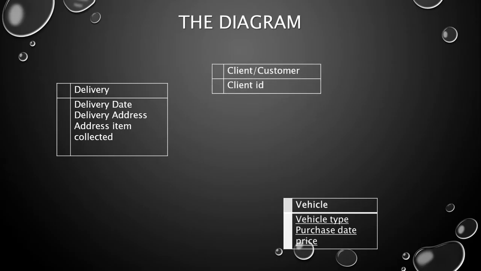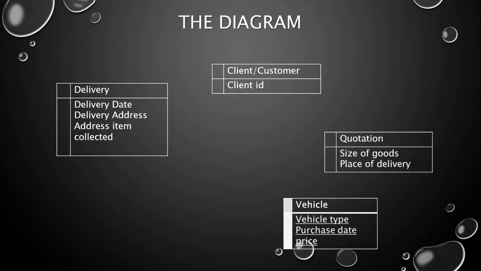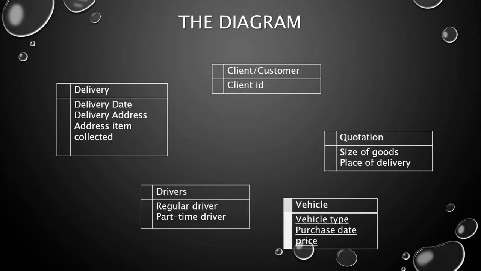For example, I put delivery as the entity and delivery date, delivery address, address item and collected name as the attributes. So you can look and try to understand this diagram. Actually, this diagram is based on the question above.